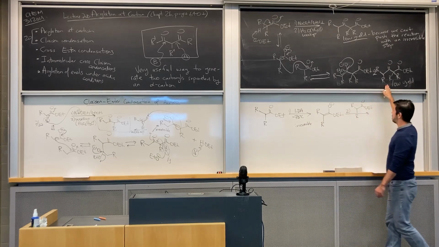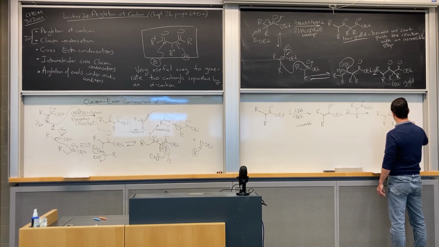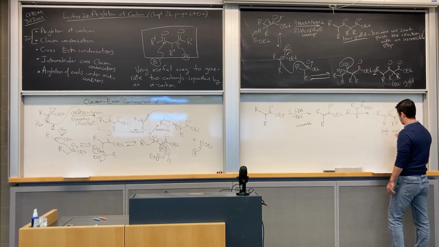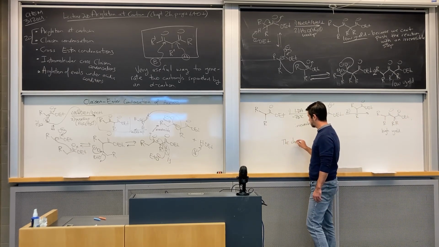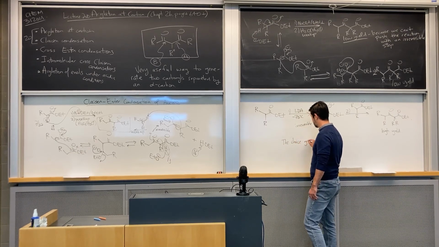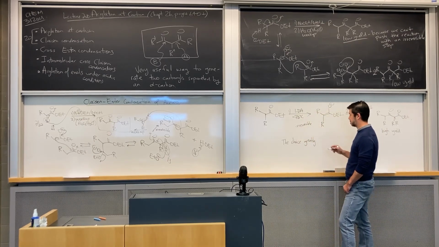When you form this complex up here, it's going to be formed in high yield. Okay, so the choice of base can greatly influence the yield and the outcome of the reaction.